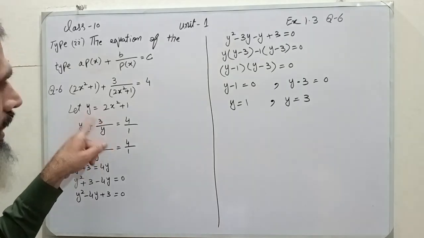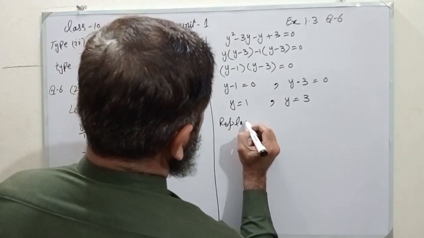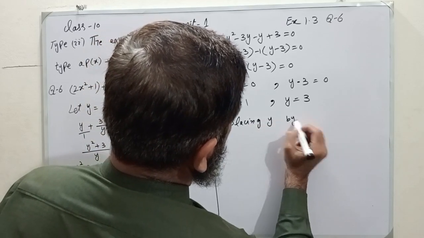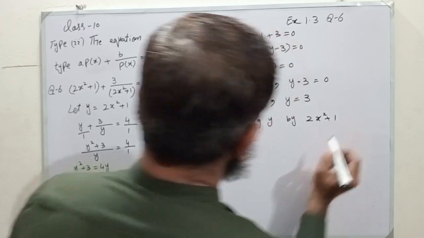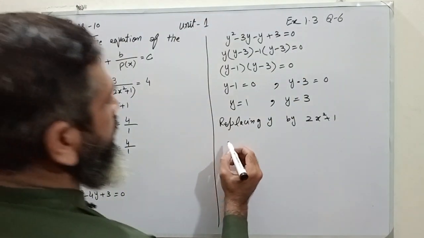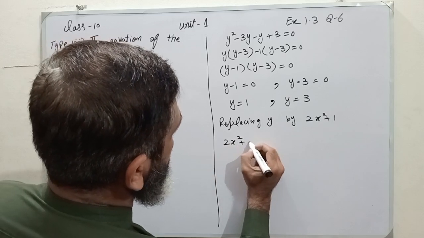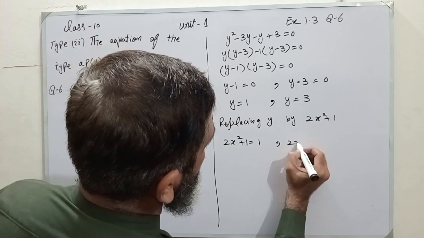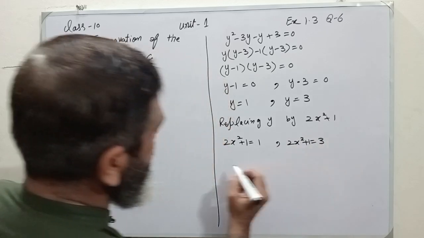Now replacing y by 2x square plus 1. So here 2x square plus 1 is equal to 1 and 2x square plus 1 is equal to 3.